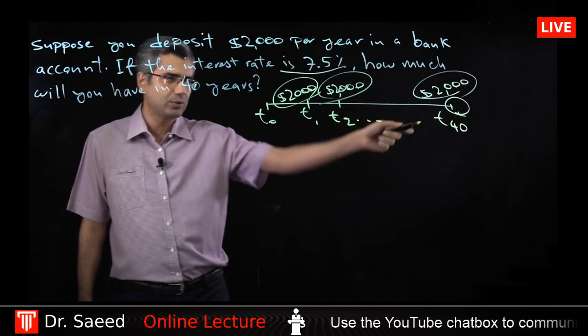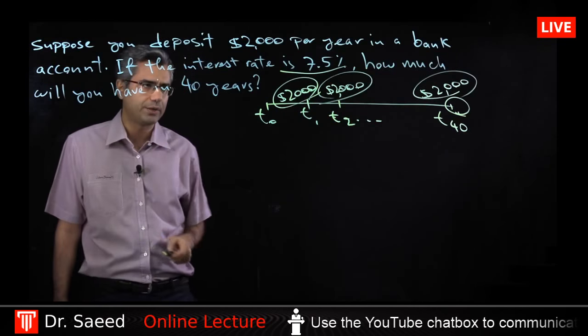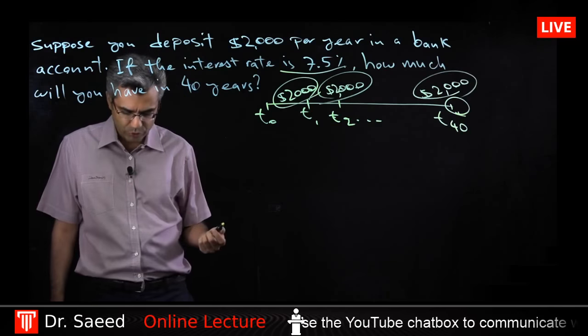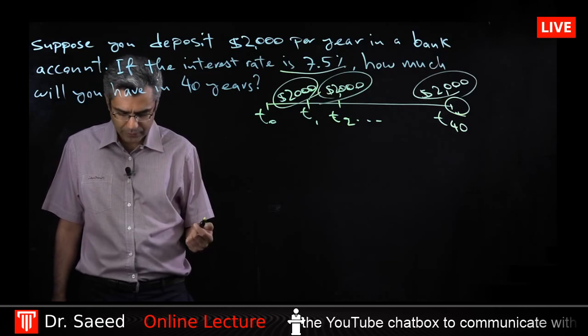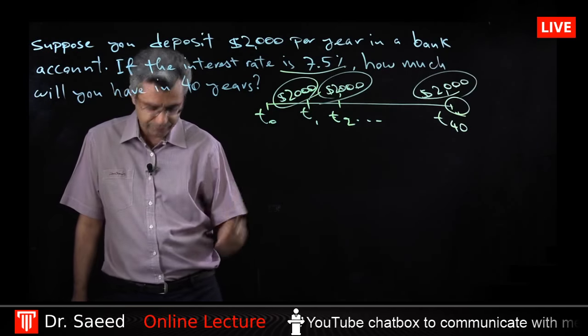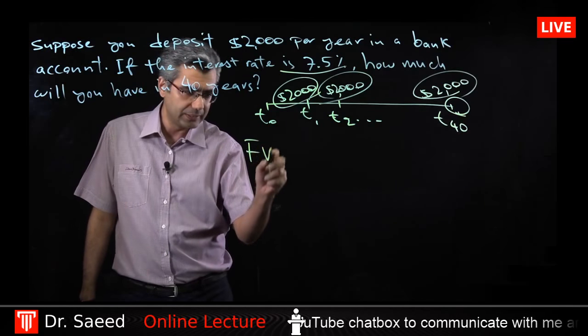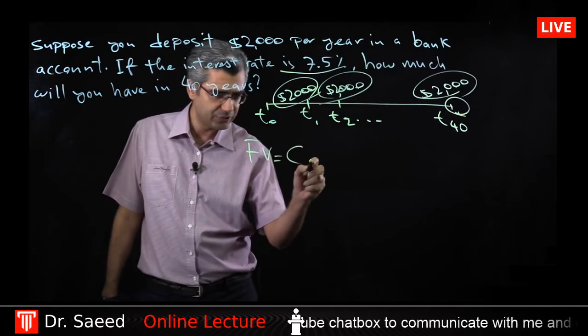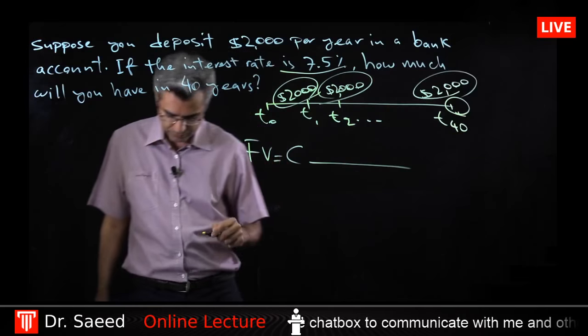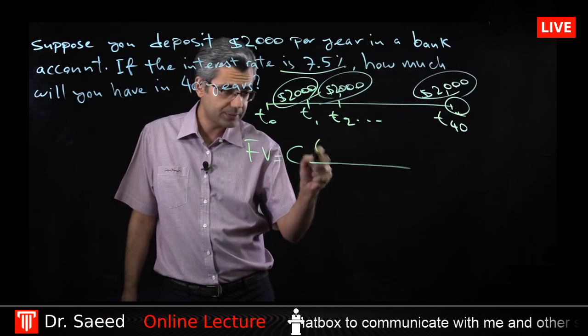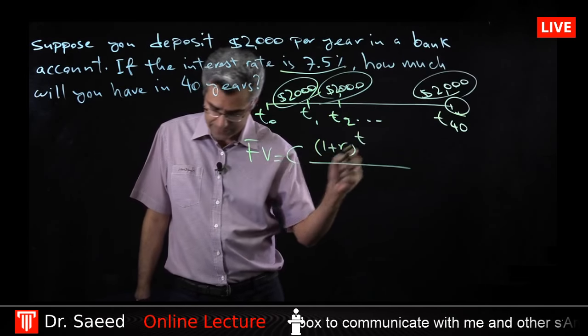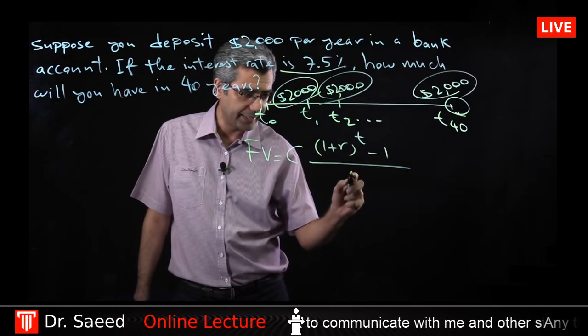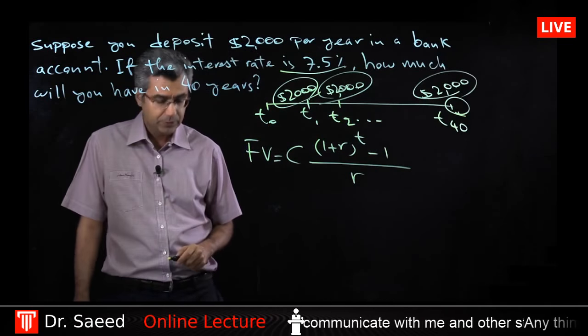No need to discount or compound it one by one. The formula for future value of annuity is future value equals cash flow multiplied by (1 plus R) to the power T minus 1, divided by R.